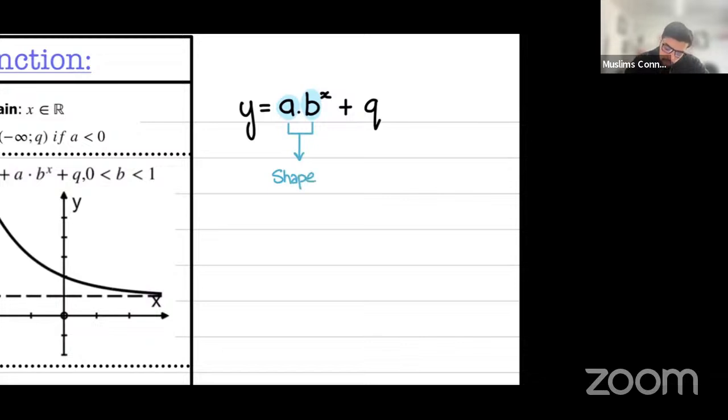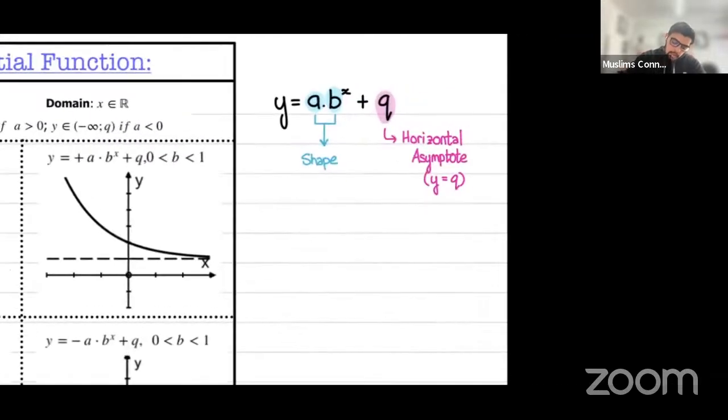And what about q? q is the horizontal asymptote, and its equation is y is equal to q.